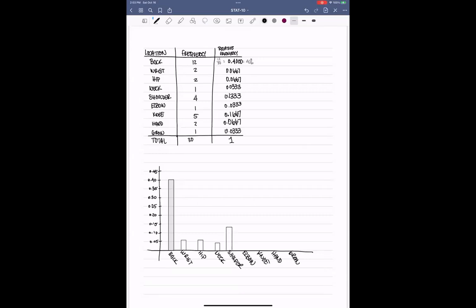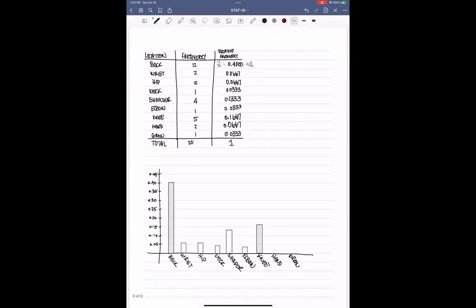Elbow is going up to 0.03. Knee is going up to 0.16, so just above this right here. Hand is 0.06, so just above that first line. And lastly, groin 0.03, just below that line.